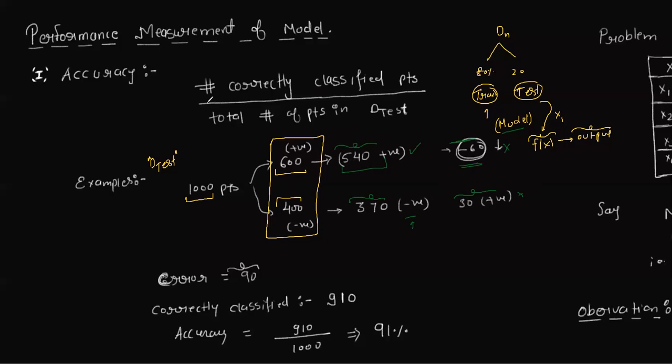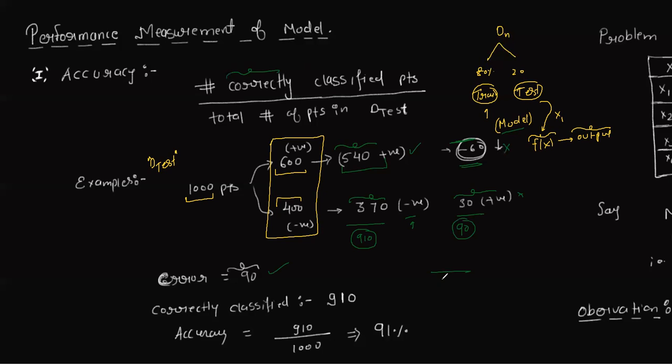So accuracy is a very simple idea. It is the number of correctly classified points divided by the total number of points in your test data. Here we have 90 points which are errors. How many points did we classify correctly? 910.